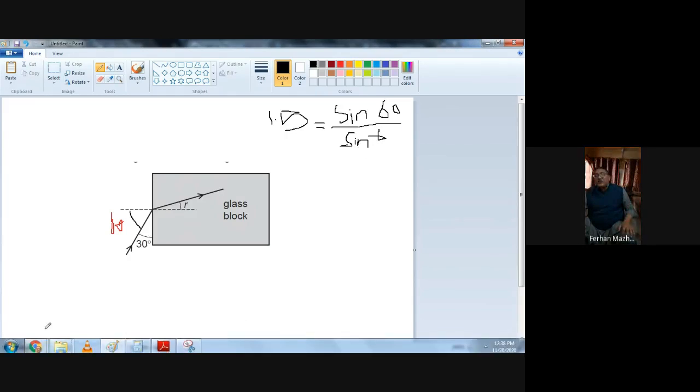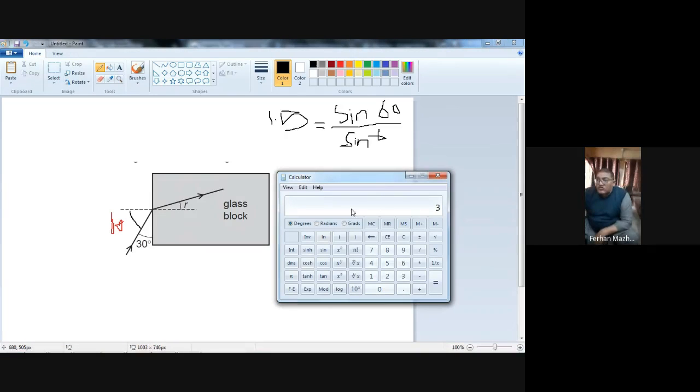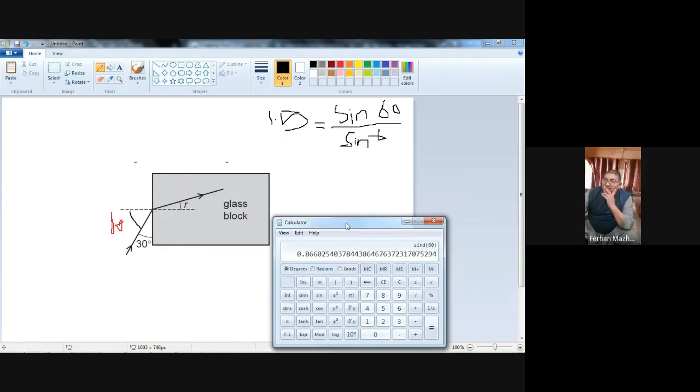So I will take out my calculator. I don't have the scientific calculator right now with me, but let's try. Sine of 60 is 0.866.